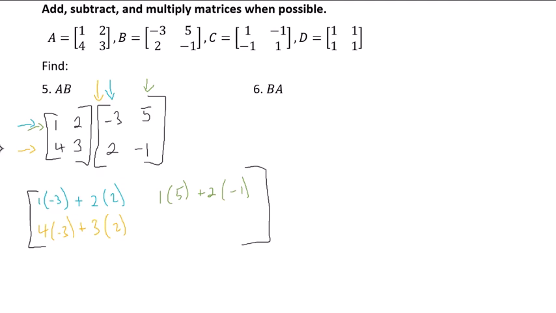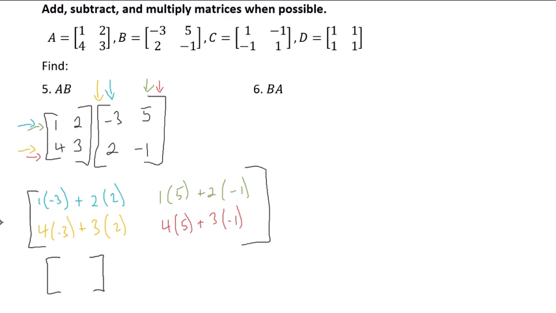Then we're going to look at row 2, column 2, which will go in row 2, column 2 in our AB matrix. So 4 times 5 plus 3 times -1. And then once we have written all of that out, then we just need to simplify. And we will get our 2 by 2 matrix.